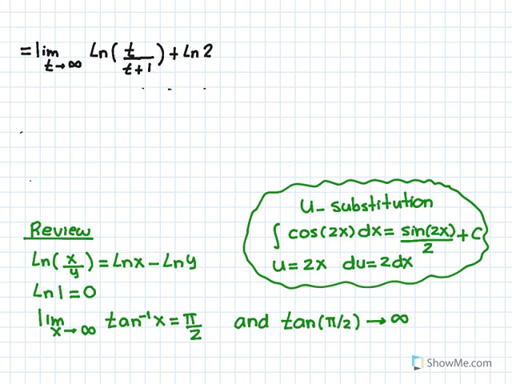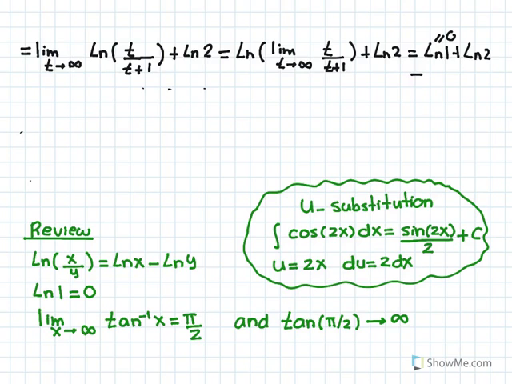All right, so what we have is the limit as t goes to infinity of log of t over t plus 1, plus log 2. We brought the log inside, we brought the limit inside. I'm going to do this again, even though we did it before, just to emphasize this. Limit as t goes to infinity of t over t plus 1, plus log 2. That gives us ln 1 plus log 2.